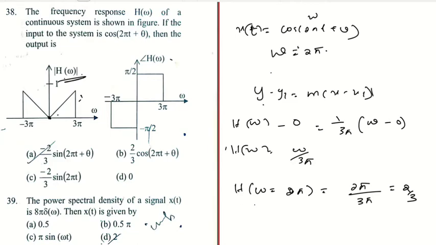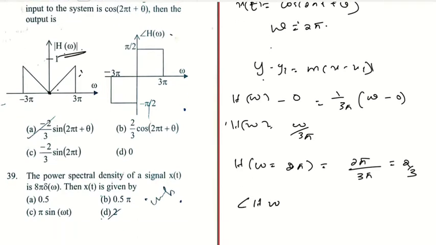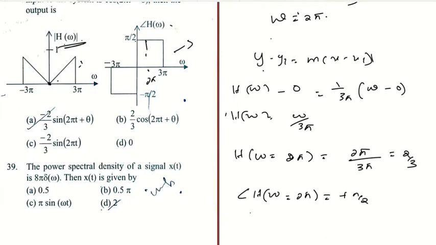And the phase shift at omega equal to 2 pi is plus pi by 2. So the corresponding phase shift is plus pi by 2. Our x of t is cos(2 pi t plus theta).